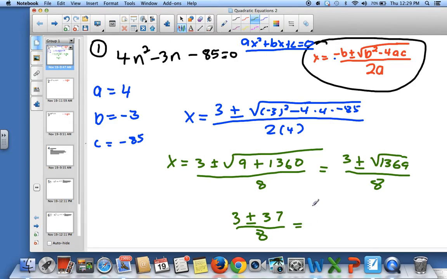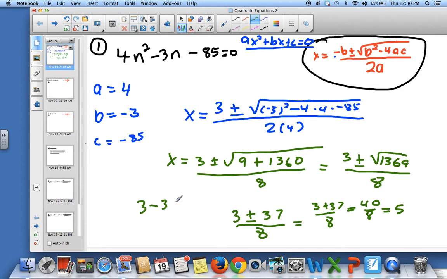So that means there are two answers: 3 plus 37 over 8, which is 40 over 8, which is 5. That's one answer. Another answer would be 3 minus 37 over 8, which is negative 34 over 8, which reduces to negative 17 over 4.